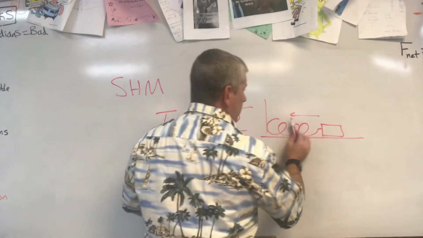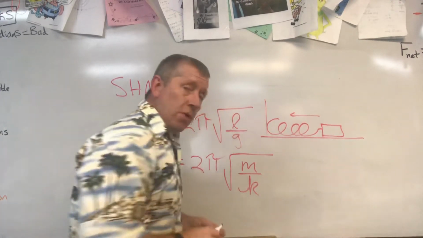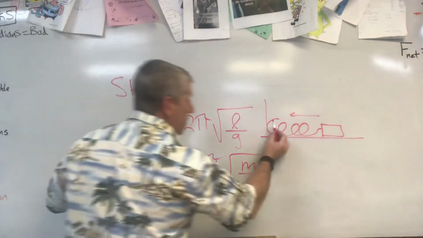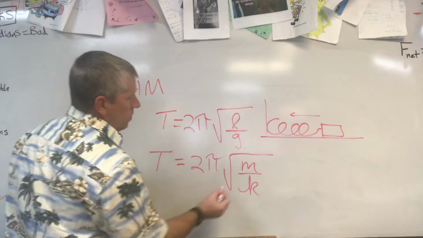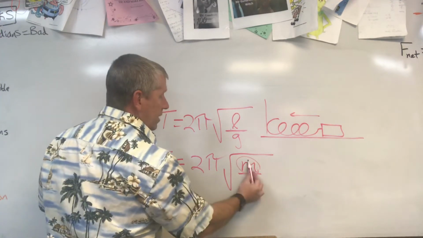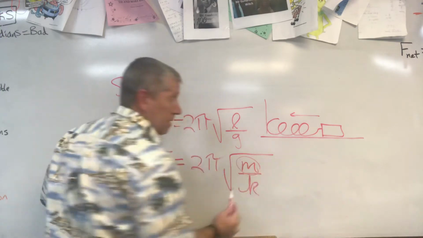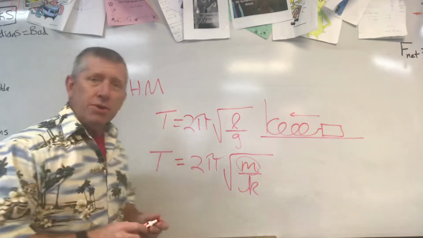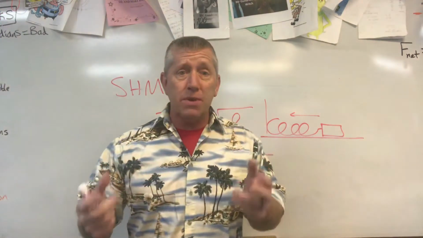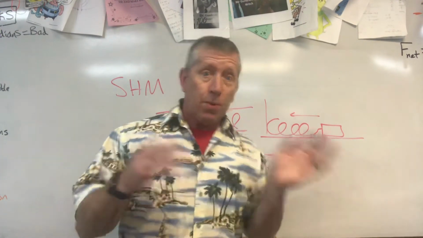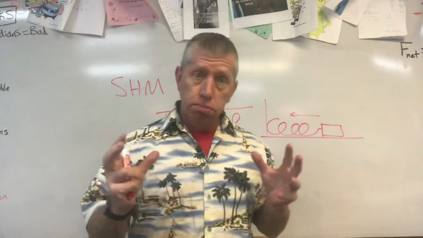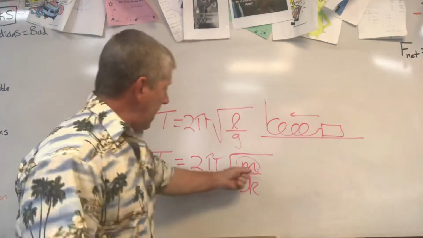But with no friction, it will go back and forth, and this oscillatory motion has something to do with the mass. Increase the mass, you increase the time period. That should make sense to you. A heavier mass is going to take longer to go back and forth.